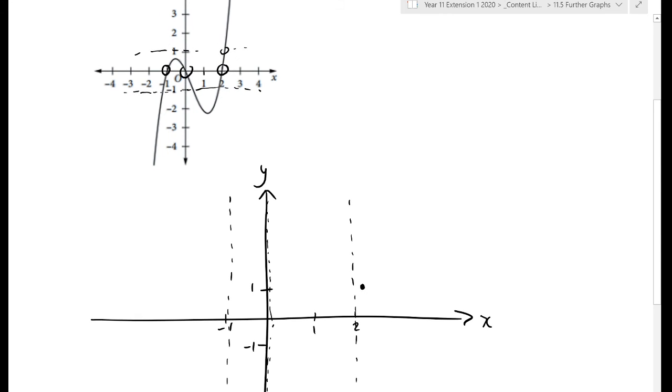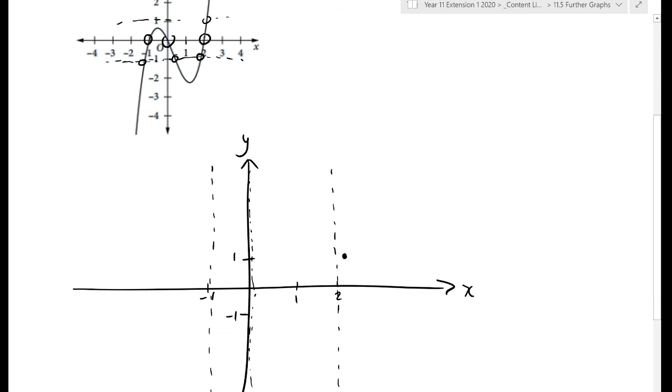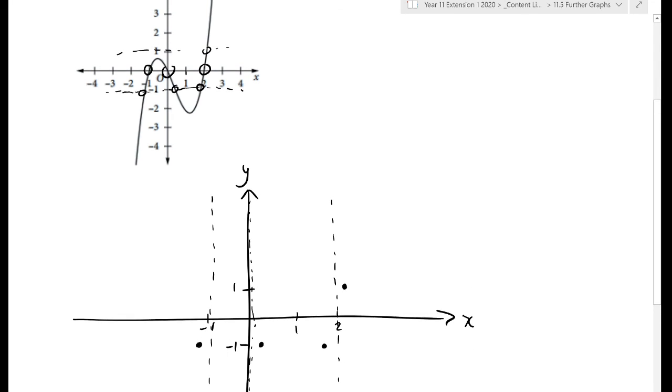Let's have a look at where my negative ones are. There's a -1 here, here, and here. There's a -1 just after the asymptote on this side, a -1 just after the 0 here, and just before the 2 here. So those are my 4 points where my function is equal to 1.